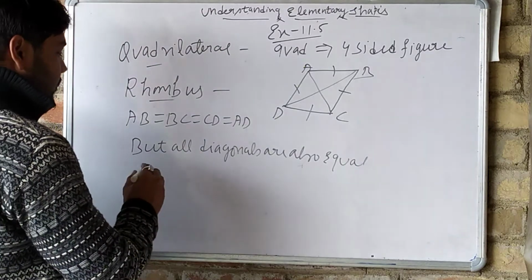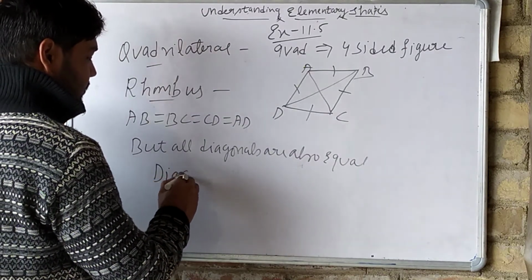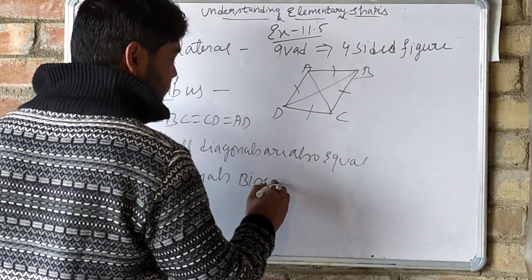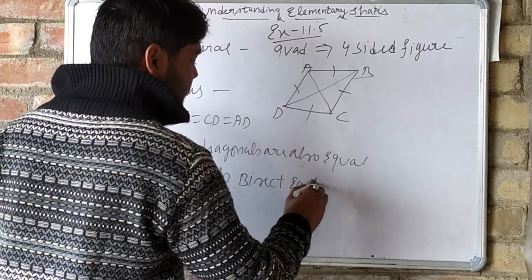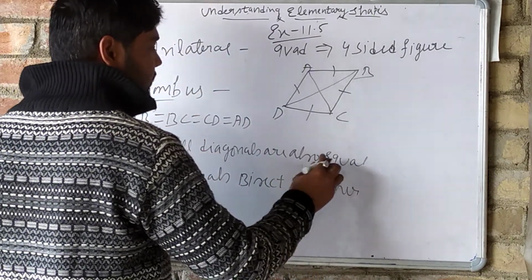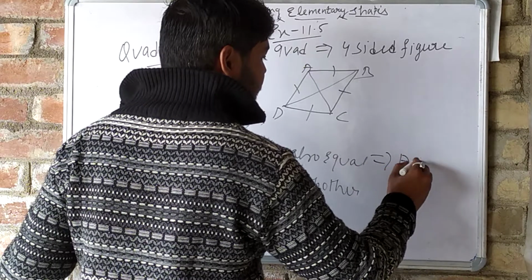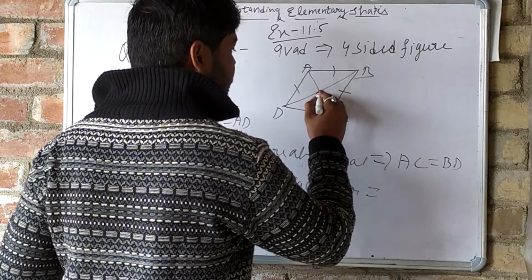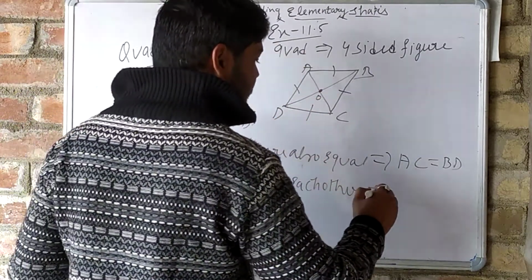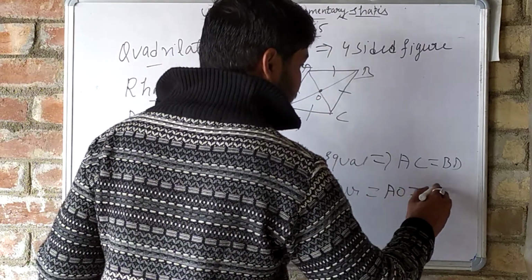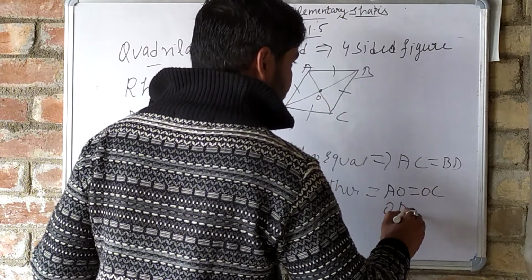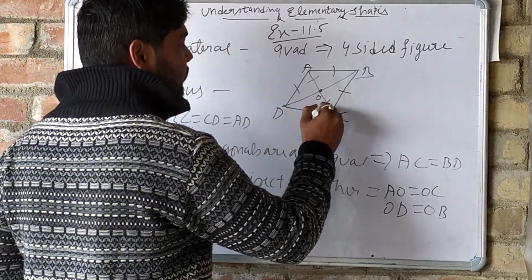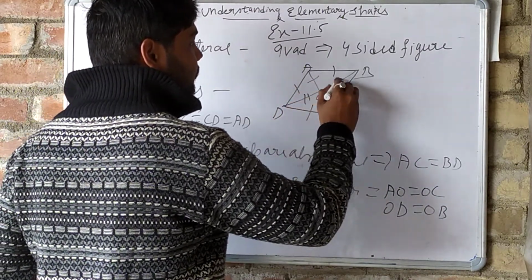Diagonals bisect each other. If we consider the intersection point as O, then AO equals OC and OD equals OB.